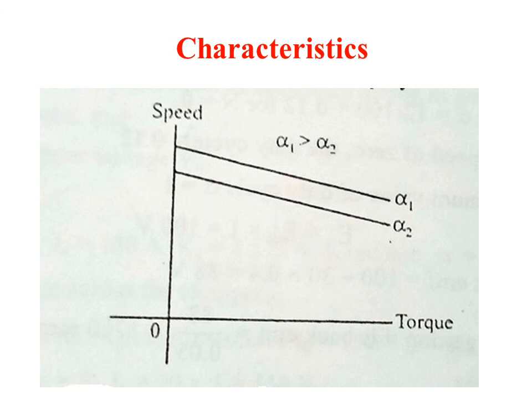Whenever alpha is equal to 0, we will get the maximum output voltage and the maximum speed. If we keep increasing the alpha value, the speed is going to reduce and the torque is going to reduce, from the steady state speed equation of our separately excited DC motor.